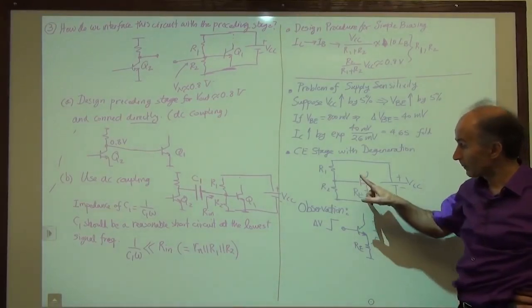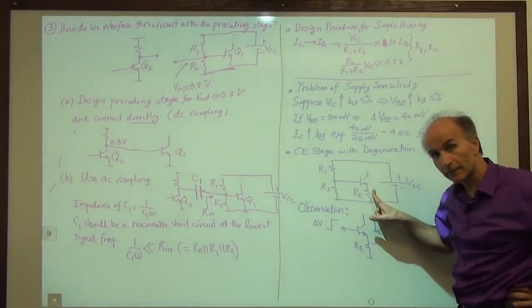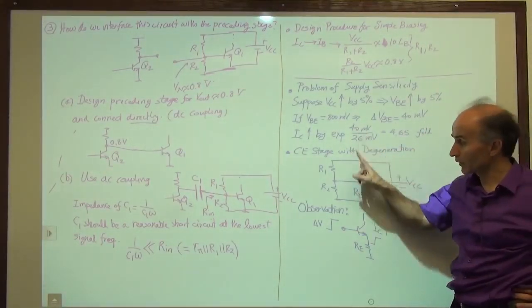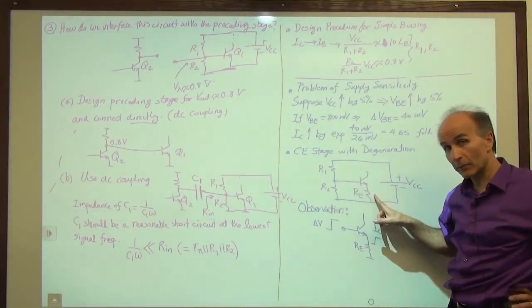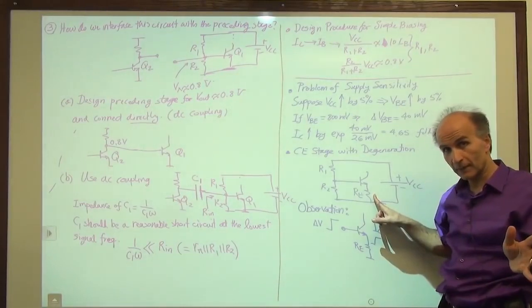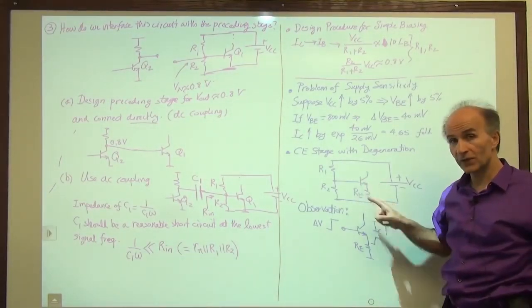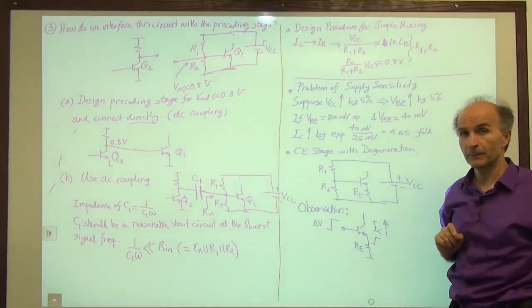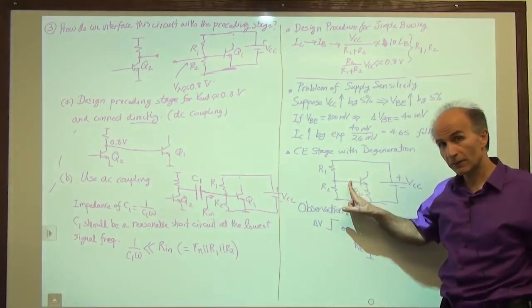So if the base goes up and the emitter goes up, going back to the example, if the base goes up by 40 millivolts and the emitter goes up by some amount, we don't know how much, what we can say is that the base emitter voltage does not increase by 40 millivolts. So I repeat, the base voltage goes up by 40 millivolts.